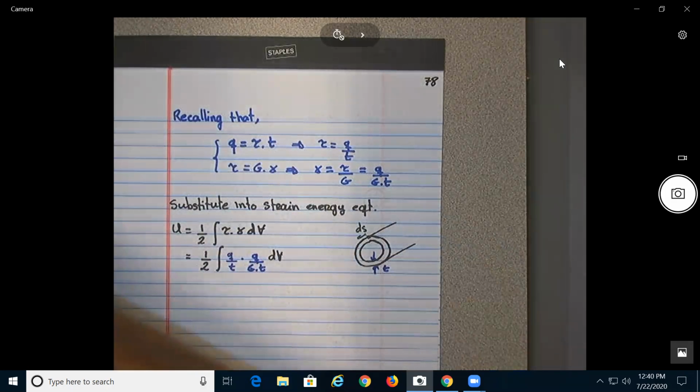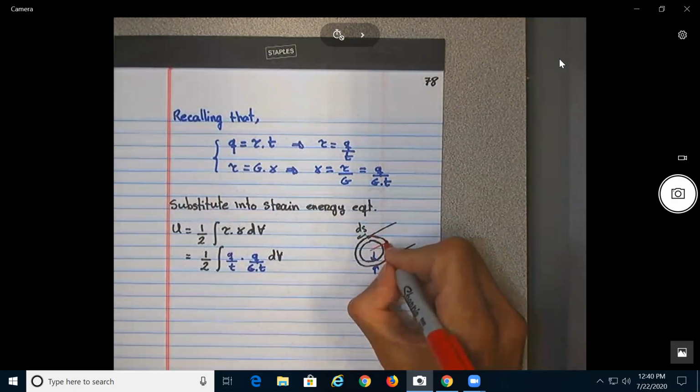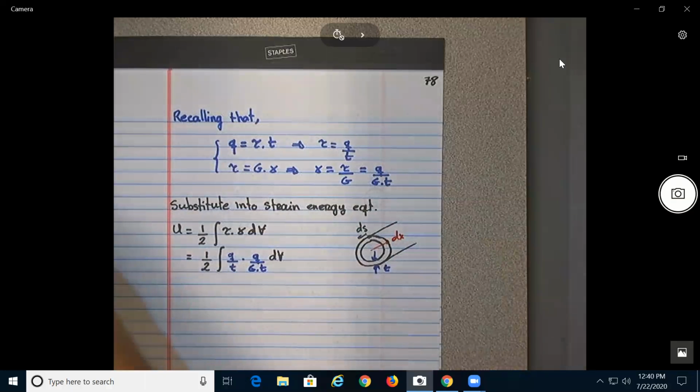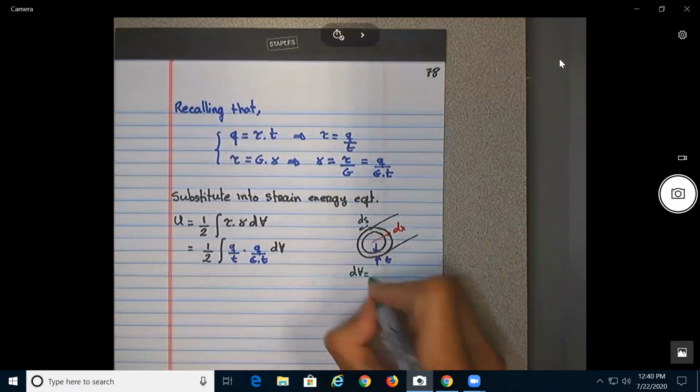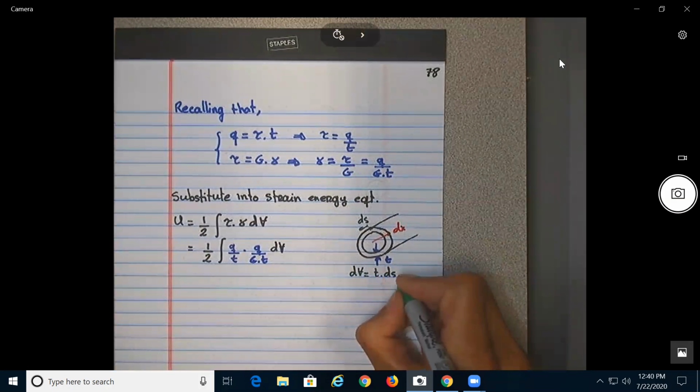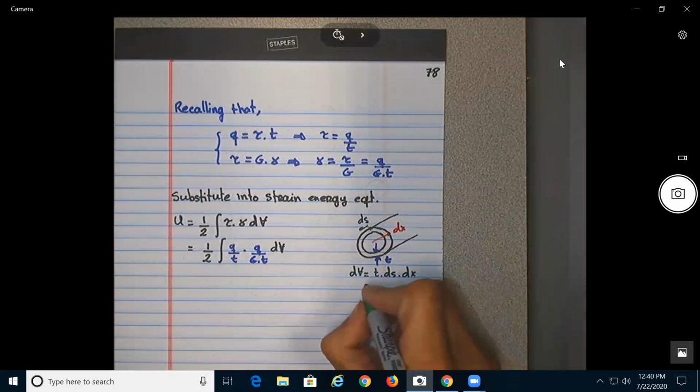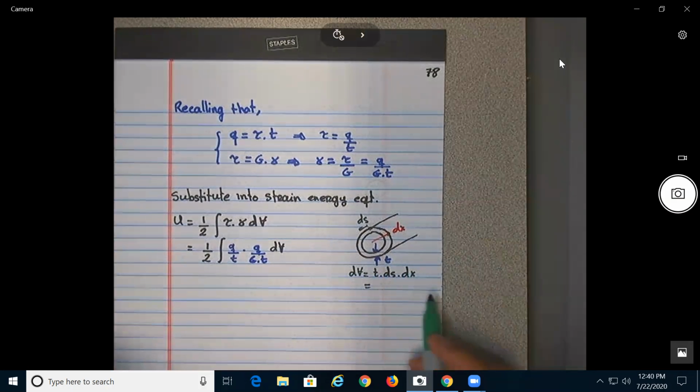And as before, what will be the volume equal to? T ds dx, which will be equal to, we can leave it this way here, okay? You don't need to put the A because we need to eliminate the T's. So you leave it under this form.